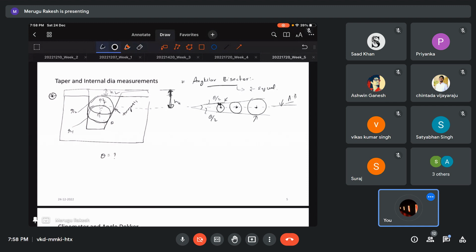Is the second ball in front or at the back? Initially I kept ball 1 and measured H1, then I kept ball 2 on ball 1 and measured H2.